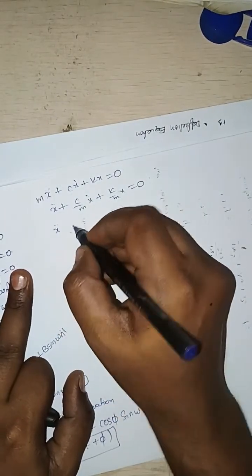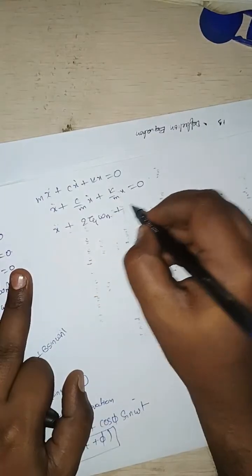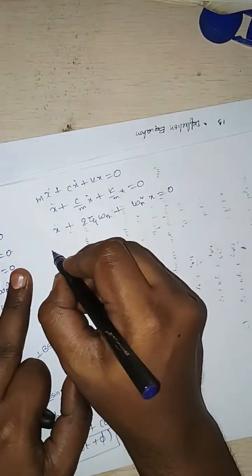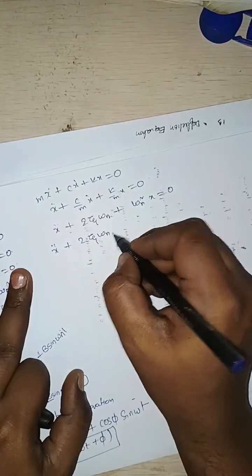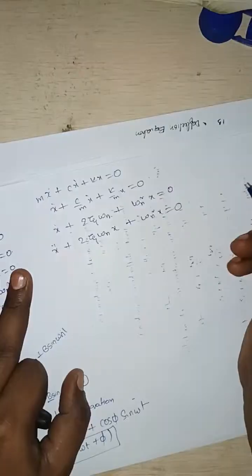This will become x double dot plus 2 zeta omega n x dot plus omega n square x equal to 0.